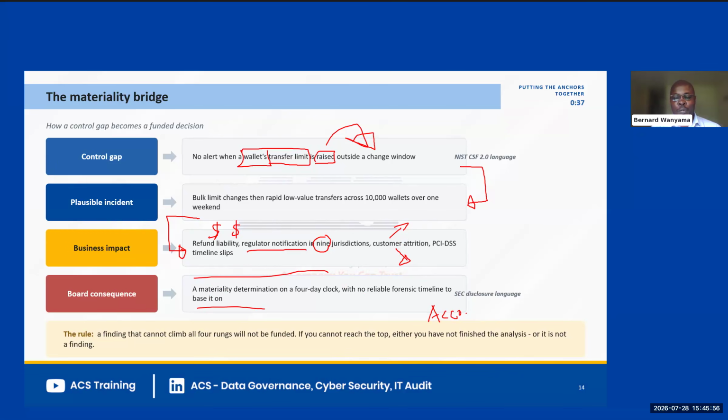And so something that looks like a small bug or a small gap results in the board taking accountability and facing sanctions for such a small or such a minor bug or loophole within a wallet transfer process.